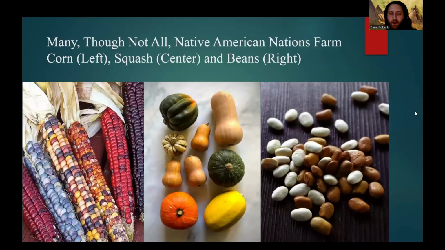On top of the use of controlled fire to control the growth of forests and the harvesting of wild vegetables and wild foods such as acorns and buckeyes, many, though not all, Native American nations in California would farm corn, squash, and beans.